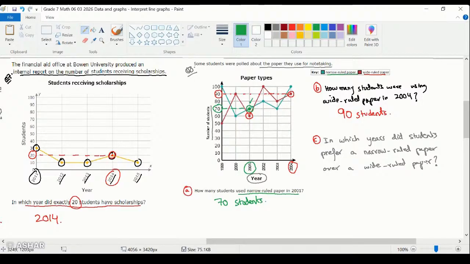We're looking at which year they preferred narrow rule paper. 2001. What about 1999? Narrow rule is above. Okay.